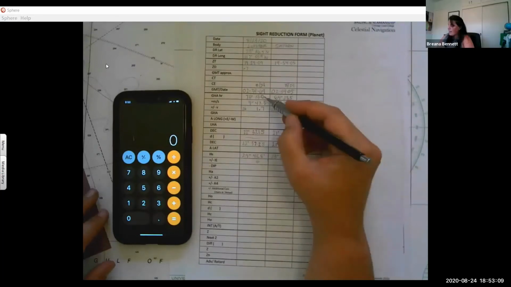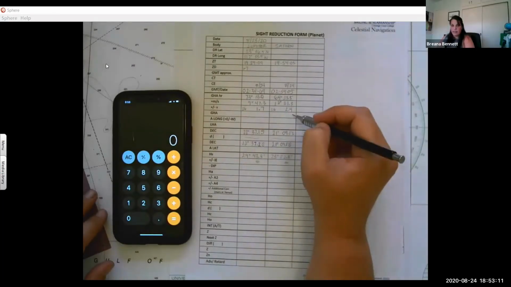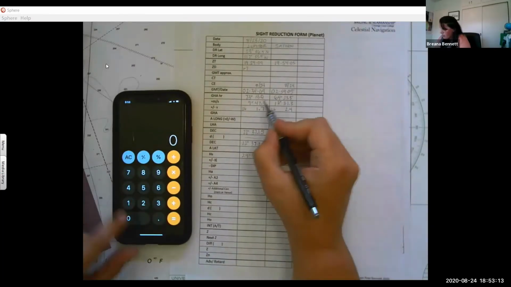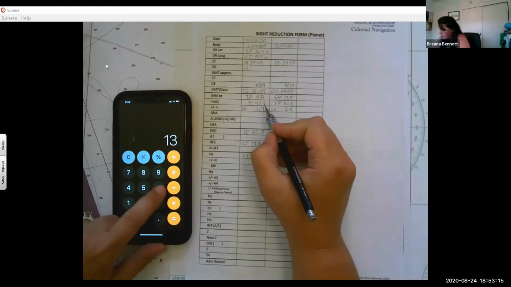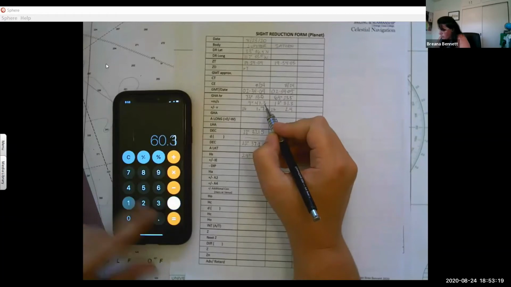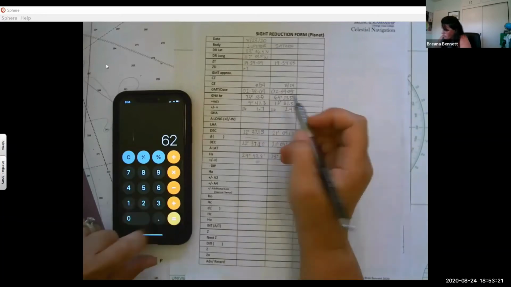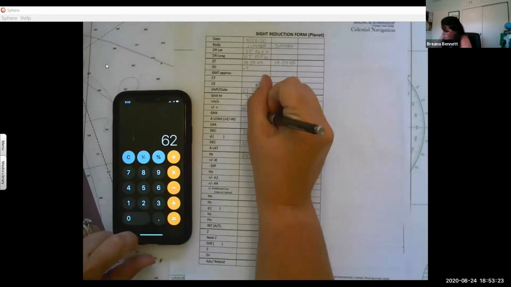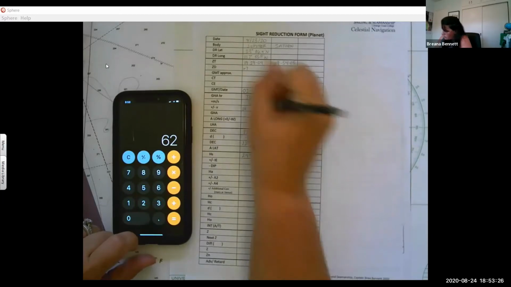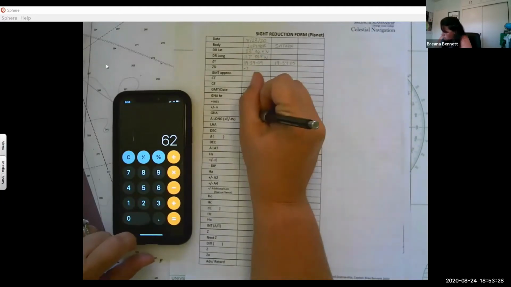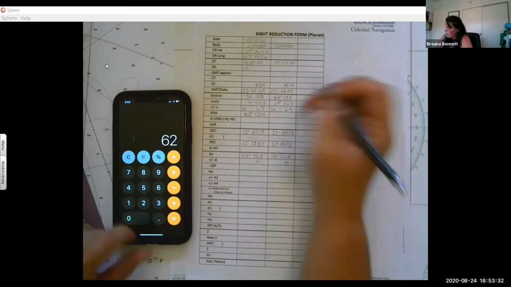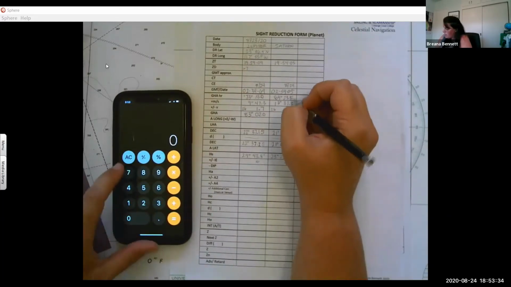So now I'm going to add these numbers up to get our GHA. So I have 13 plus 47.3 plus 1.7 gives me 62. So I have 0, 2.0, carry the 1, and that's left with 83 degrees. I'm going to do the Saturn.